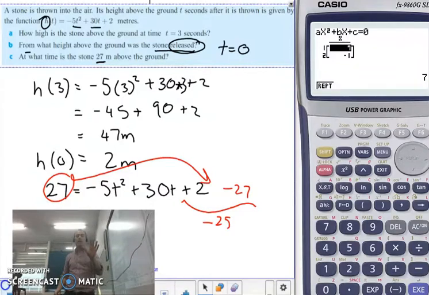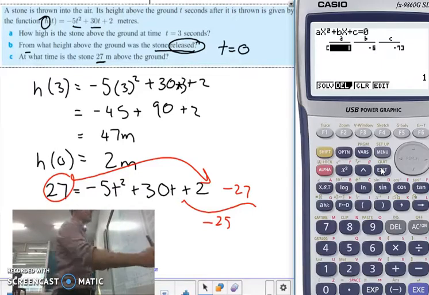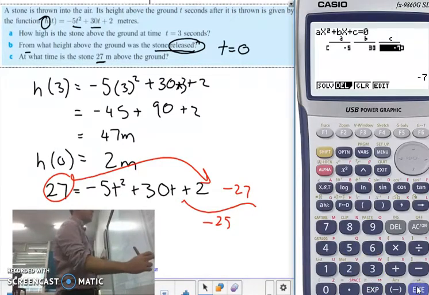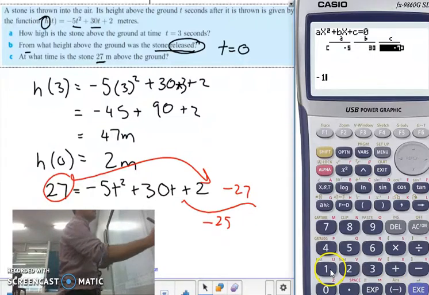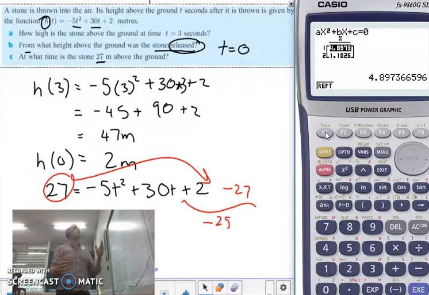I'd come over to my calculator and again enter that in. So my value of a is negative 5, my value of b is 30, and my value of c is negative 27. Pop that in, click solve, and I can see that I have two answers, so 4.89 or 1.1.